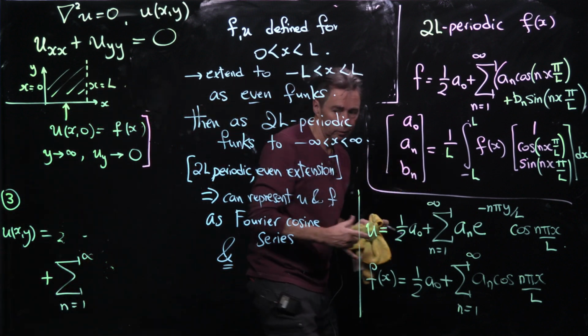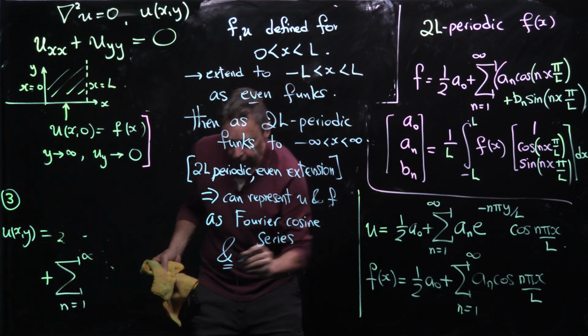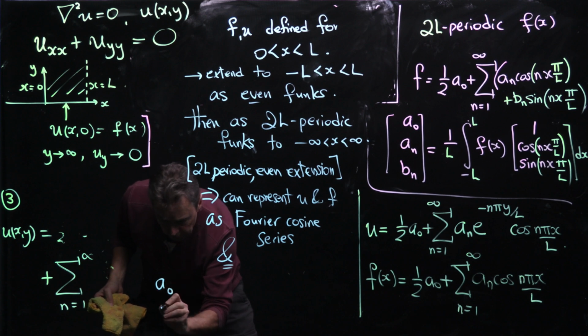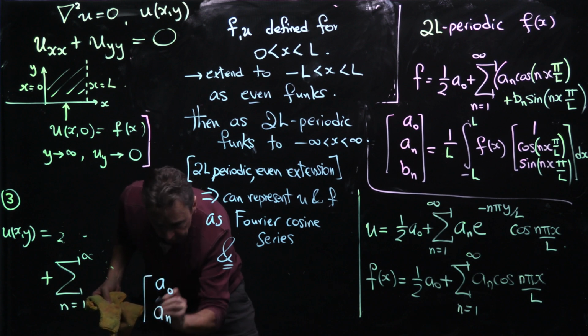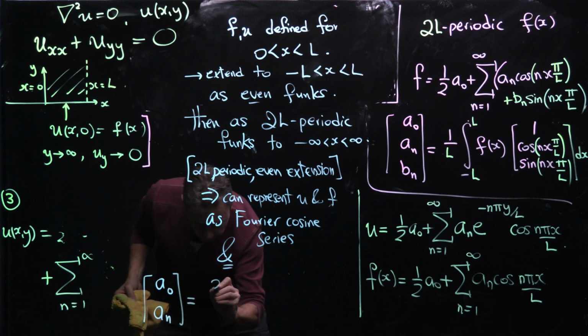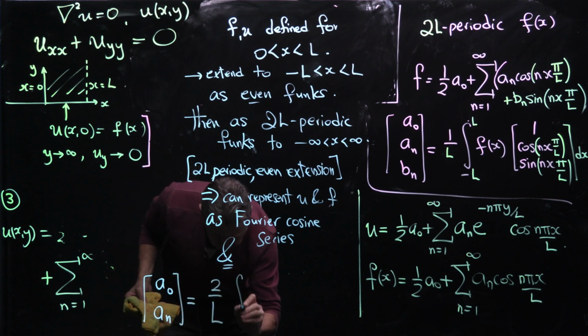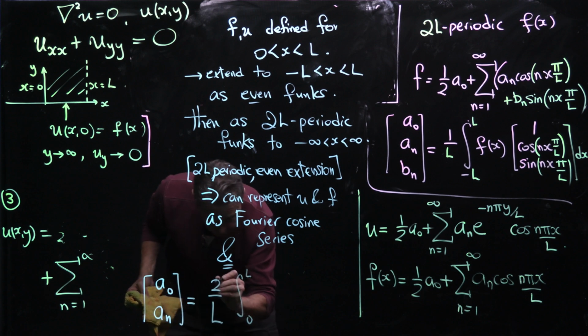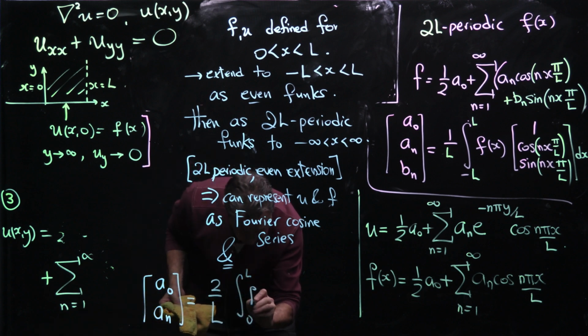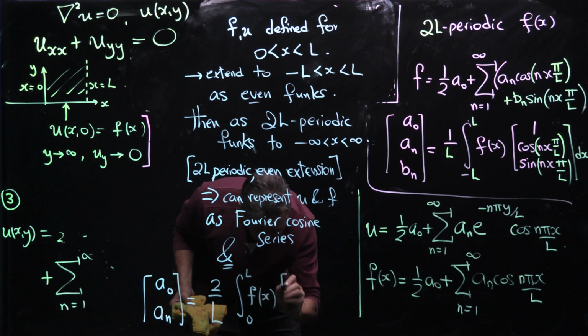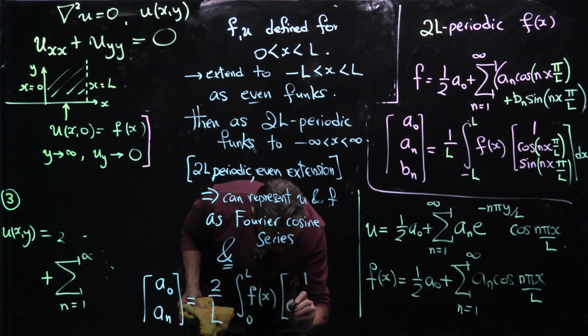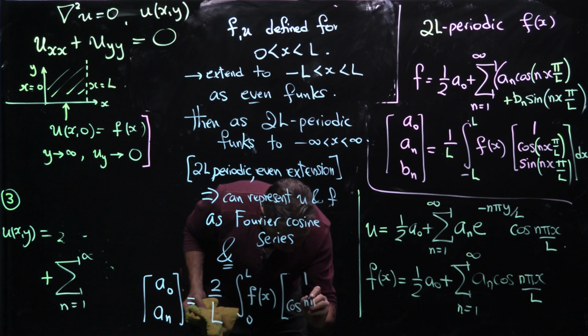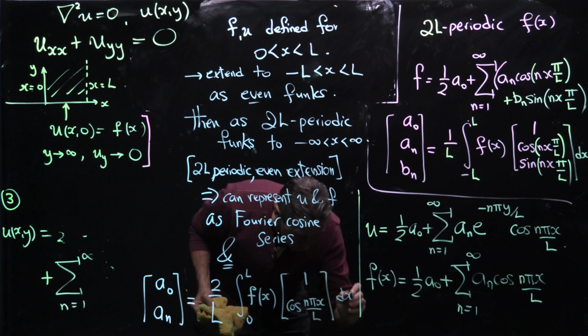There's the general formula over there, but I don't have the b, and A0 and an I can get from just integrating from 0 to L, multiplying by 2 over L, taking f of x, and multiplying by either 1 or cosine of n pi x over L dx.